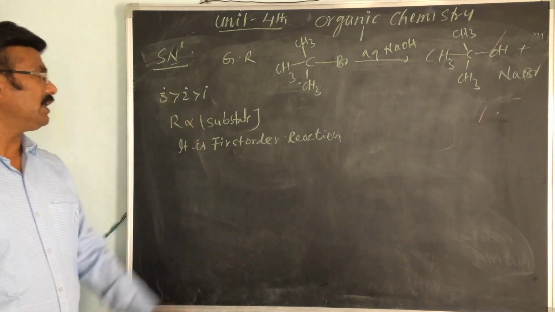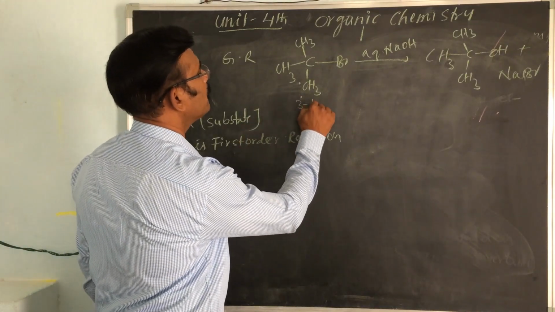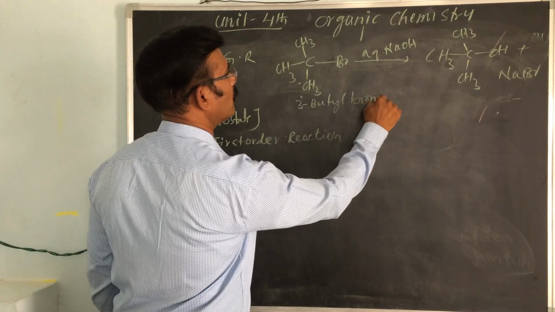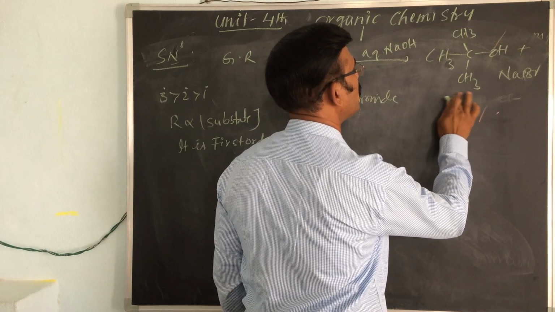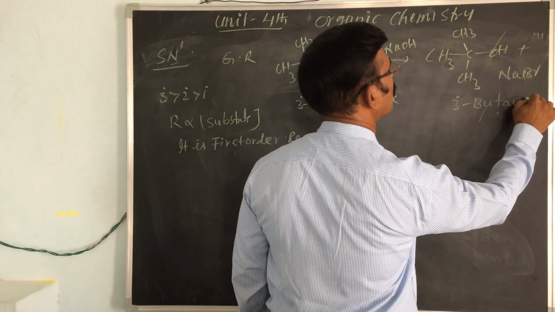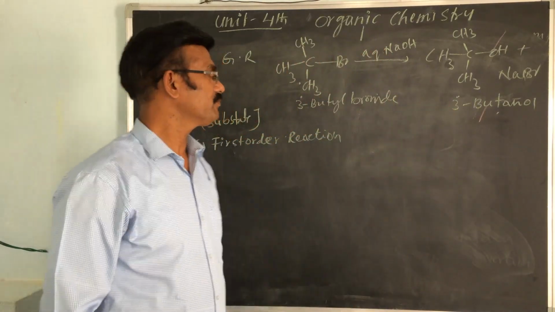It favors the tertiary. That is the reason we have taken the example of tertiary butyl bromide. This is the tertiary butanol.